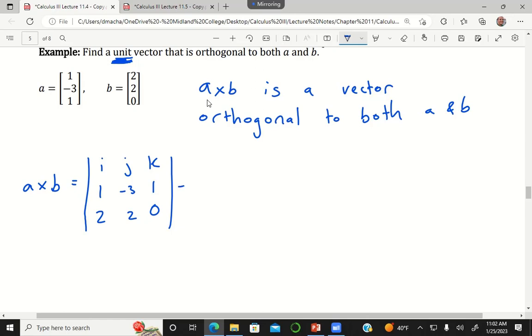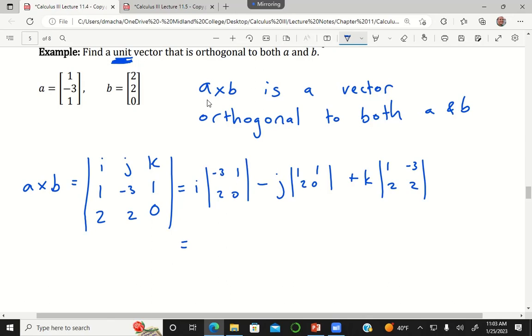And so the way we calculate this determinant is we say that this is i times the determinant of this 2 by 2 matrix minus j times the determinant of this matrix plus k times the determinant of that matrix. Okay?